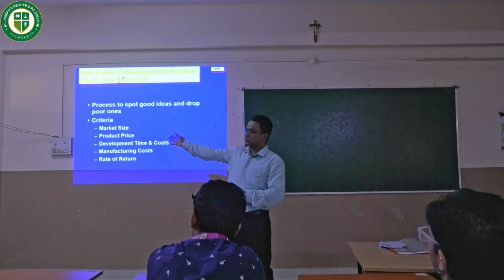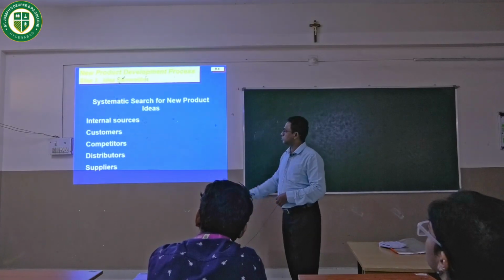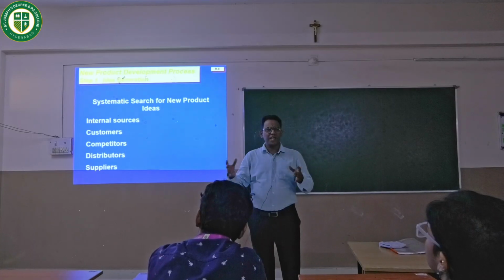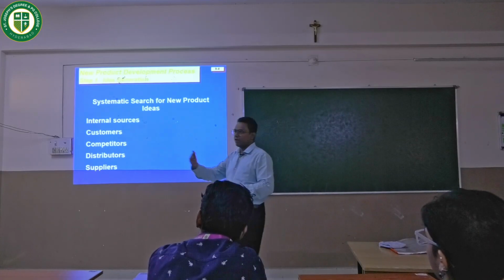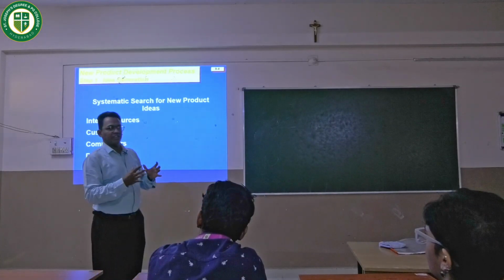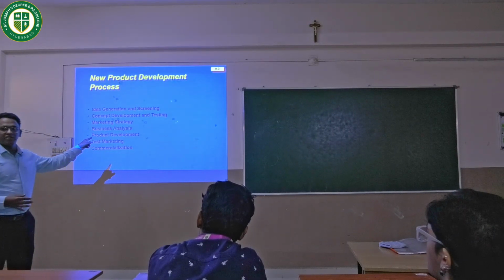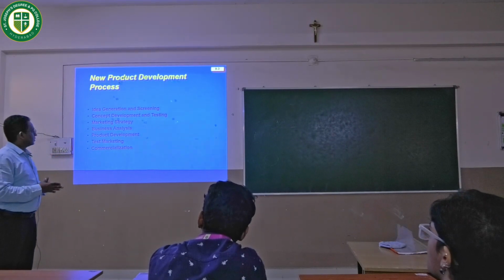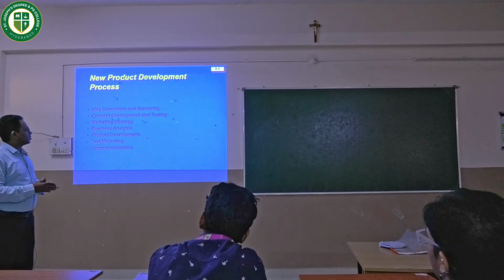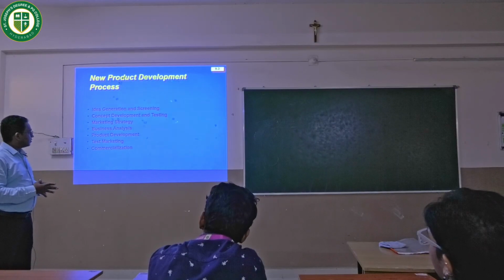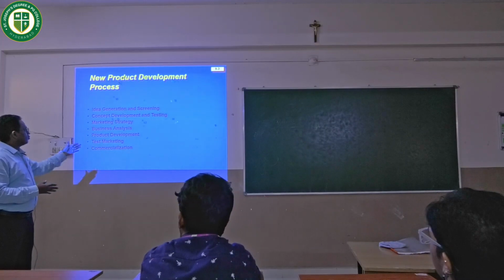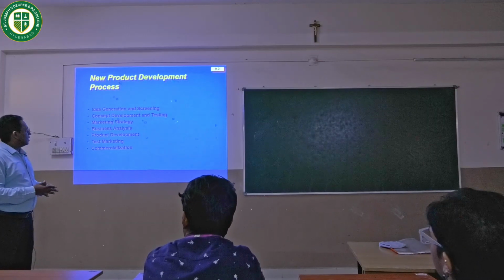Let us go to the second slide, the sources. There are 7 stages in the new product development process. The first stage is idea generation. The second stage is concept development and testing. The third stage is marketing strategy. The fourth stage is business analysis.